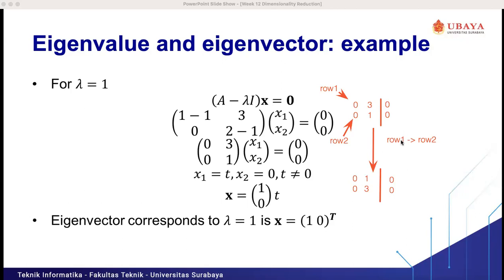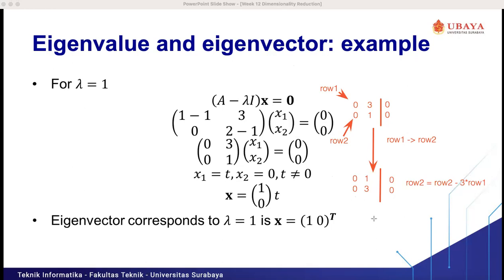We exchange row number 1 and row number 2. To get the solution, we set row 2 equal to row 2 minus 3 times row 1. Because row 1 is 0, 1, 0, 0, 3, 0 minus 0, 3, 0 will be 0, 0 and 0, right?